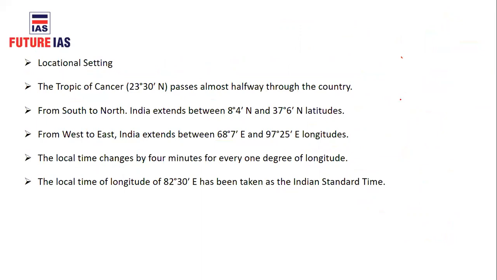You need to draw the map of India for that. First of all, when you draw the map, you will find that the Tropic of Cancer passes almost halfway through the country.